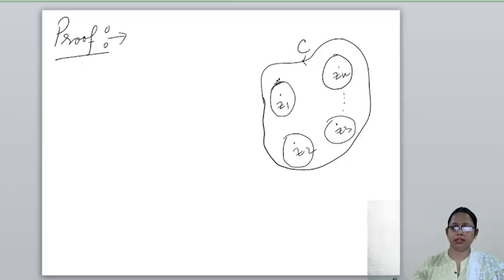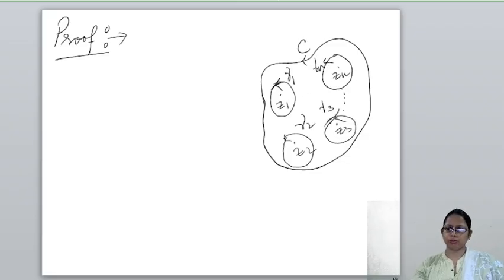This is C. This is gamma 1. This is gamma 2. This is gamma 3, up to gamma n, with Z1, Z2, Z3 up to Zn as centers. We draw non-overlapping circles gamma 1, gamma 2, gamma 3, ..., gamma n, each of radius r.